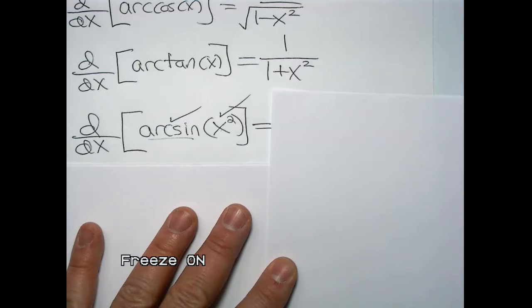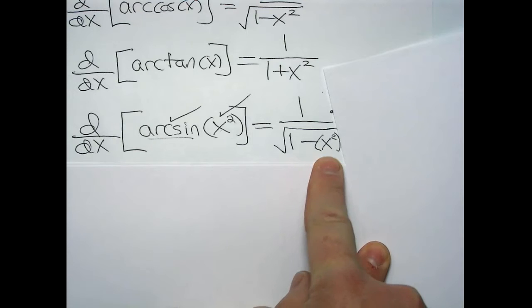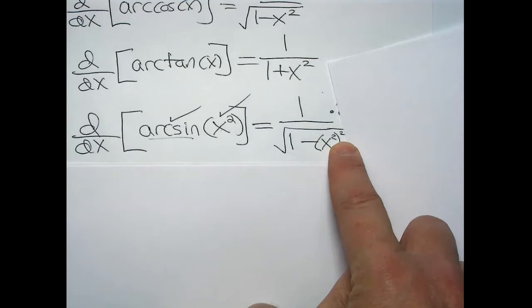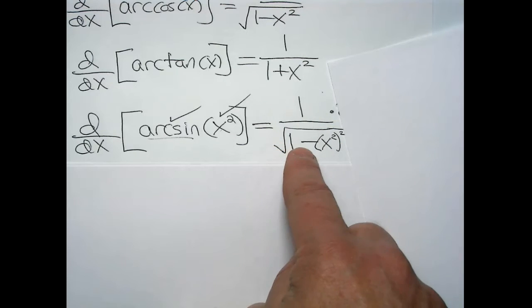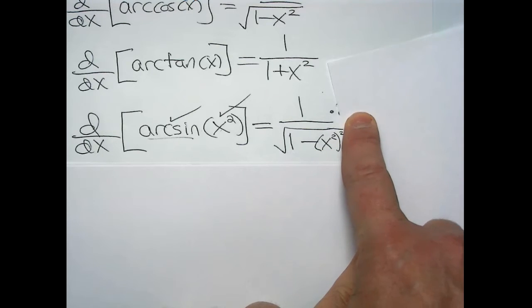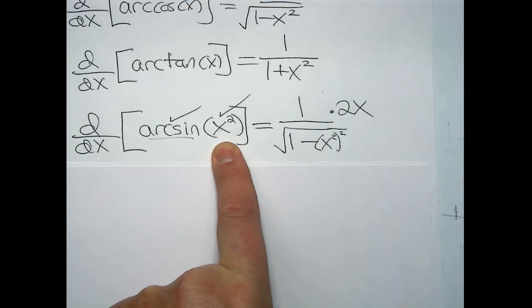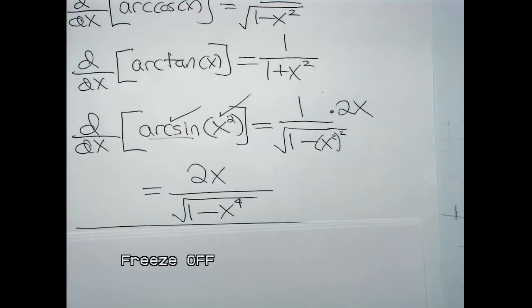The derivative of arcsine is 1 over the square root of 1 minus argument squared, because that's the pattern for arcsine. Here it is again, 1 over the square root of 1 minus argument squared. Now, I'm hiding a derivative over here because we didn't forget our chain rule. The derivative of x squared is just 2x. And so the overall derivative here would be a fraction. And here it is, 2x over the square root of 1 minus x to the 4th.